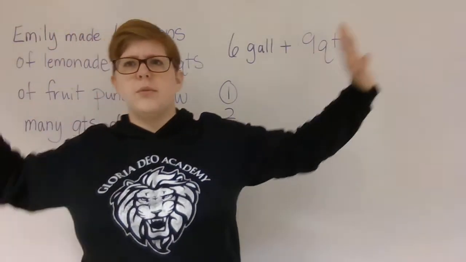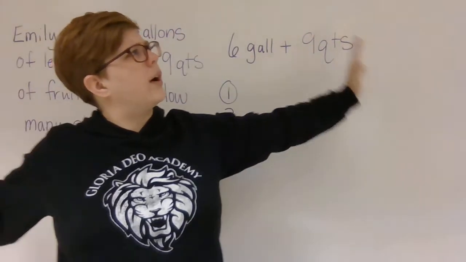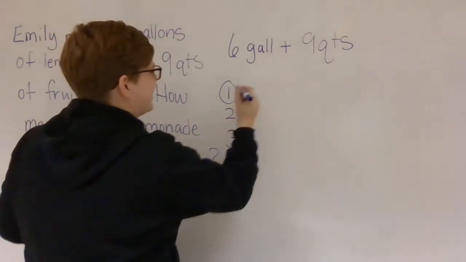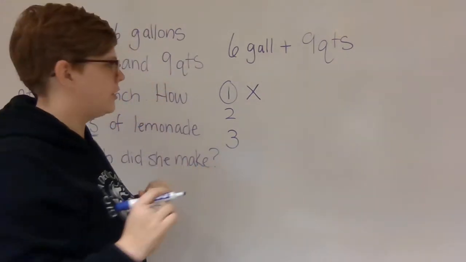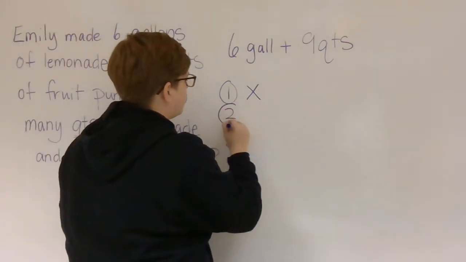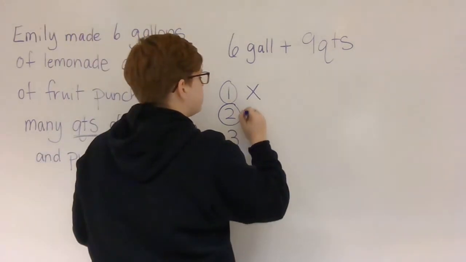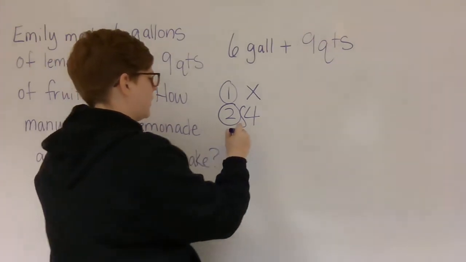So when I'm going from larger to smaller, horse to fly, multiply. So I'm going to multiply my numbers. How many quarts are in a gallon? Well, there are 4 quarts in a gallon, so my special number is 4.